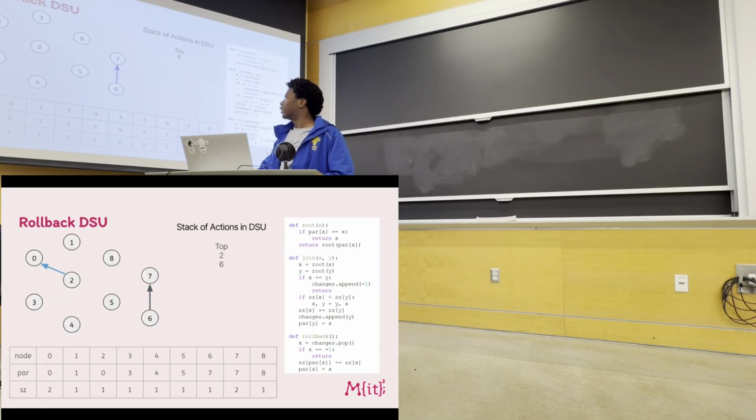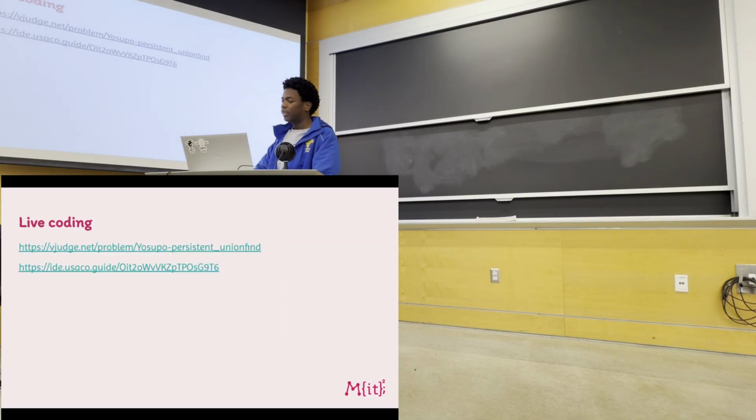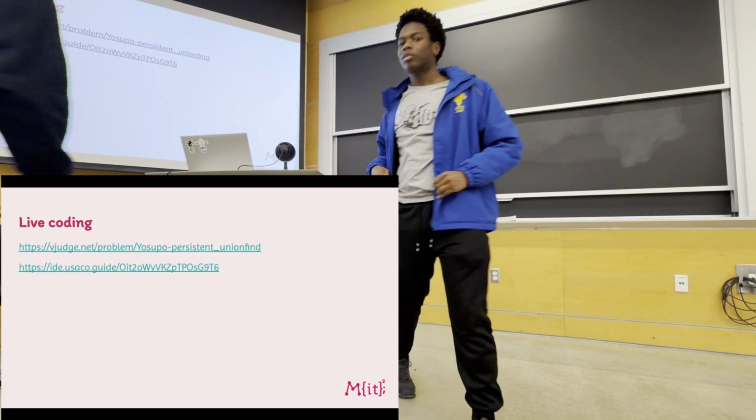And if you're just curious how this would actually be implemented, this visual shows it. It's a normal DSU algorithm, but if you want to roll back the last edge you added, for example, you could just take the last edge, which is 5 to 7, off the move stack, and call the rollback function, and then it undoes it. It's pretty simple, but the persistent union find can be solved using this.